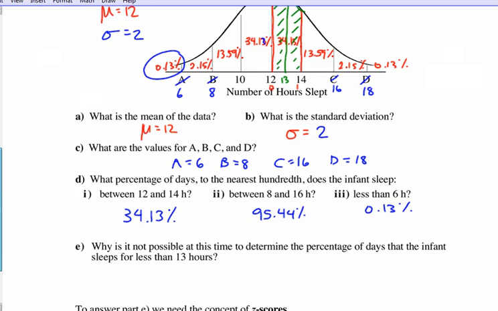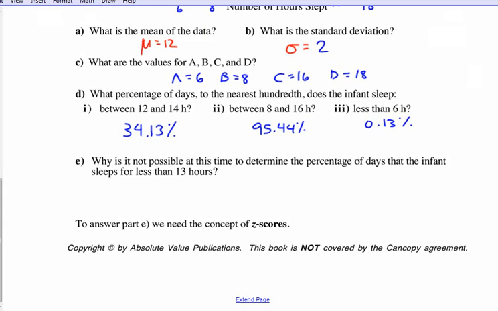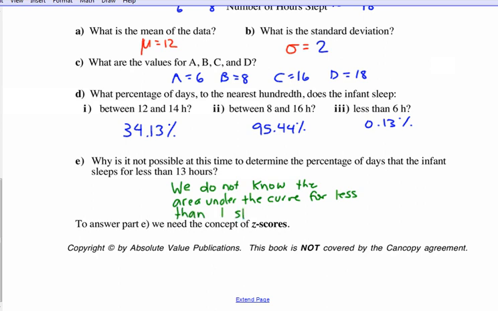So let's write that in words. We do not know the area under the curve for increments of less than 1 standard deviation. We only know the 1 standard deviations.